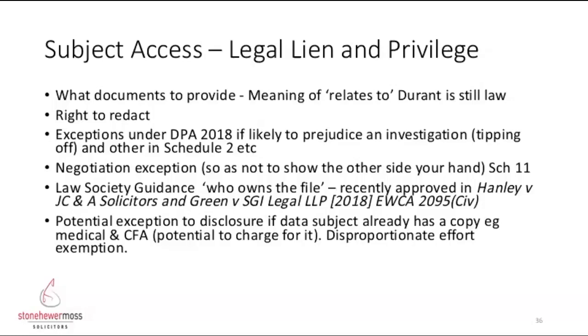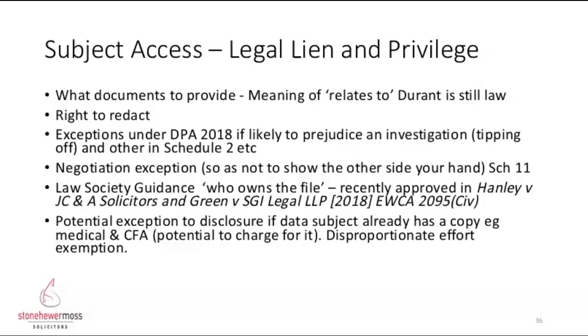There's a lot of exceptions under the Data Protection Act and the schedules at the end of it that you could go through. I haven't got time to go through all those today, but they're definitely worth looking at. Tipping off is one, and negotiation exception is another. Legal professional privilege actually is another exception at Schedule 2, paragraph 19, although it's not on the slide.